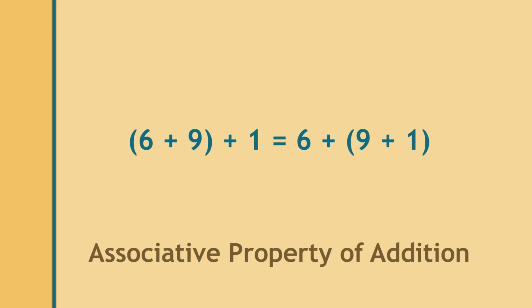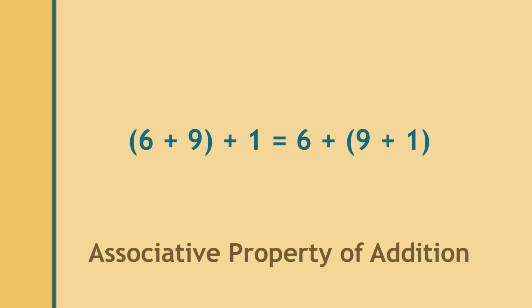Now remember, like what we went over a couple days ago with PEMDAS, which is the order of operations, whenever we see parentheses, we always know that we need to do whatever operation is inside the parentheses first. So when we look at this, we would know that on the left-hand side, we need to add 6 and 9 together first before we add that 1.